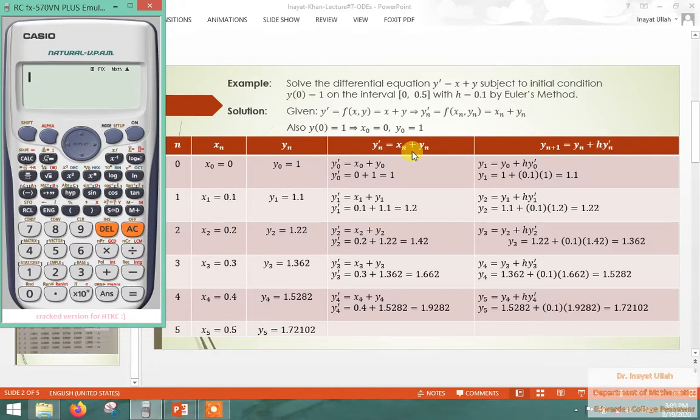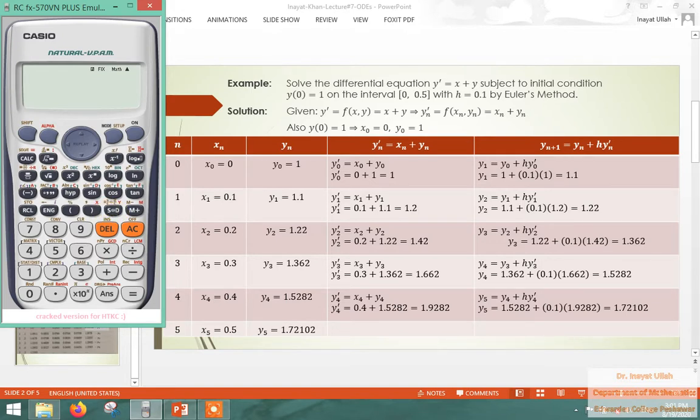So insert this function in the calculator, that is actually x plus y. So denote this x plus y by any letter in this calculator. We have letters here a, b, c, d, e, f and x, y as well, but use any of these letters to denote x plus y other than x and y, because I'm using x and y here.